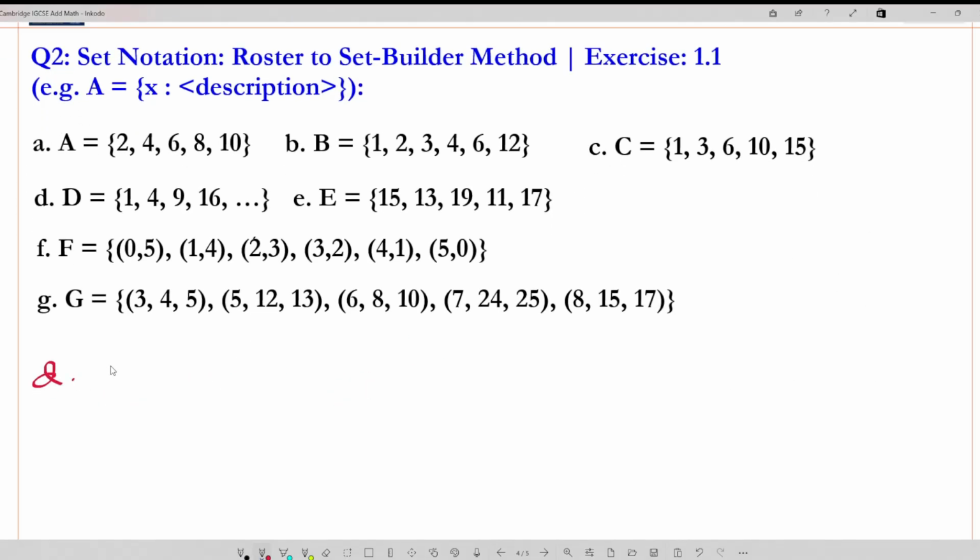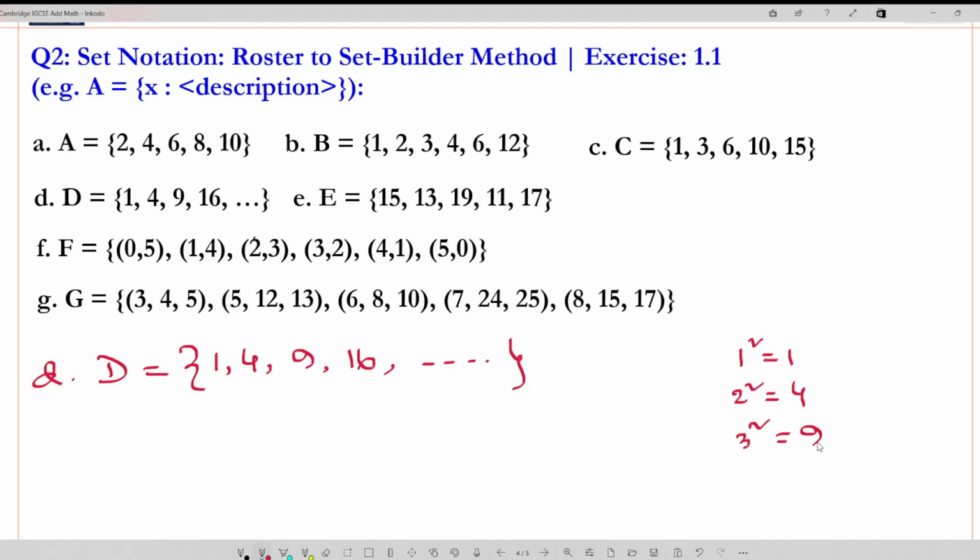Number D. D is a set whose elements are 1, 4, 9, 16, and so on. Look, here is a 1, here is a 4, here is a 9, here is a 16. So look, it's a very simple thing. 1 squared means 1, 2 squared means 4, 3 squared means 9, 4 squared means 16.